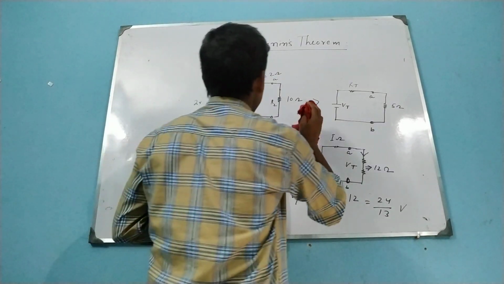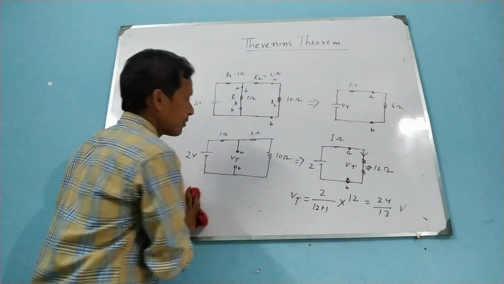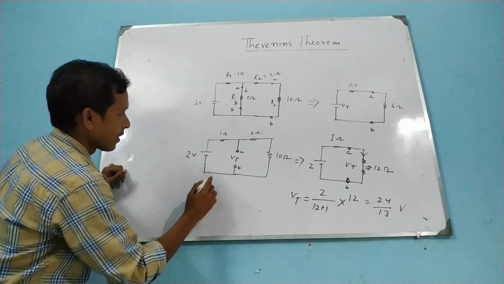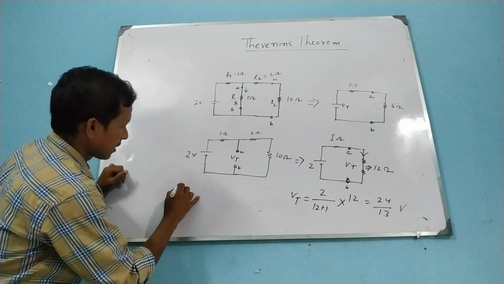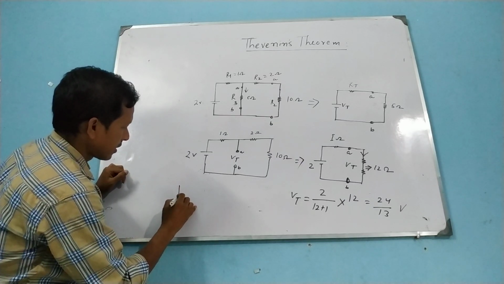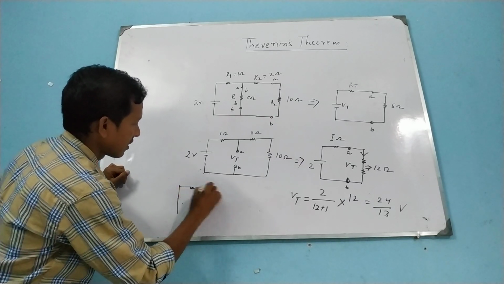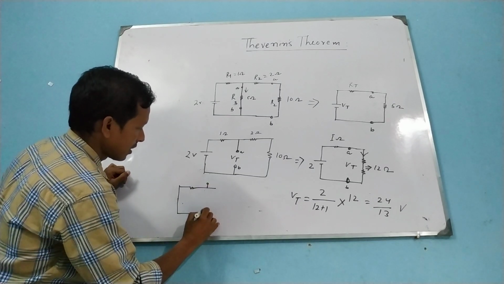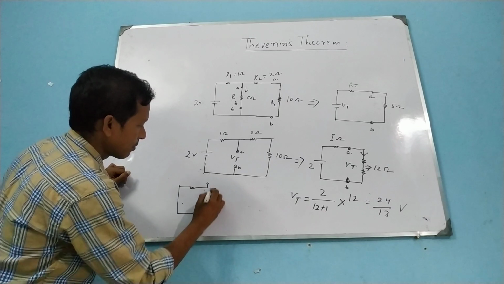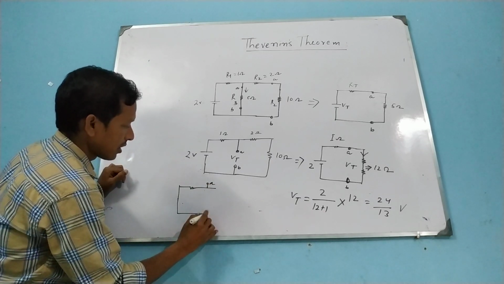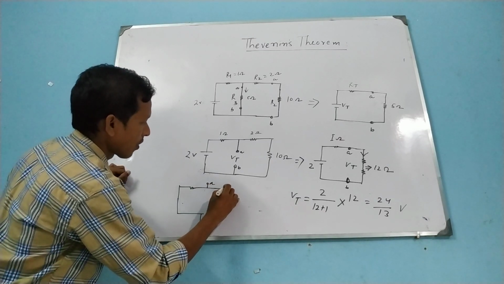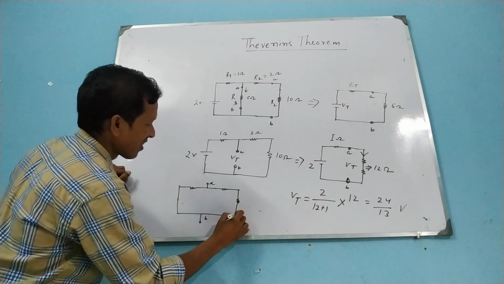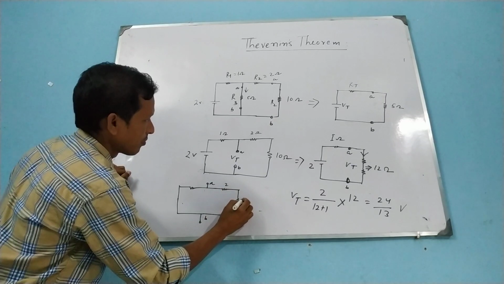Now we have to calculate Thevenin's resistance, and for Thevenin's resistance the circuit can be replaced this way. This is A terminal and this is B terminal. Okay, 2 ohm, 10 ohm.